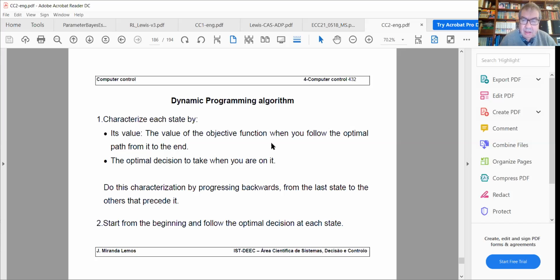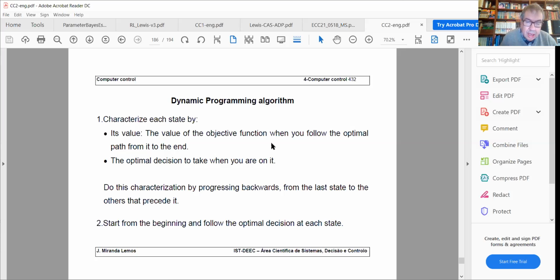That's the final condition. So if you start at the end point, it's very easy to find what is the cost. It's probably some terminal cost or even zero, depending on how you formulate the problem. And in a moment, I'm going to write some equations. And the decision is do nothing.